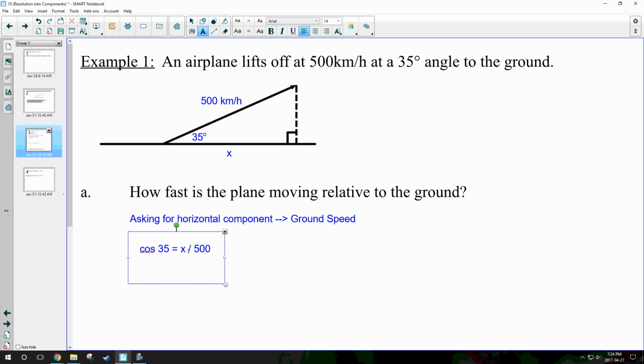And then to rearrange this, because the number's on the bottom, we just take it and multiply it to the other side. So X equals 500 multiplied by cos 35. And when we type that into our calculators, we get 410, approximately, rounding.